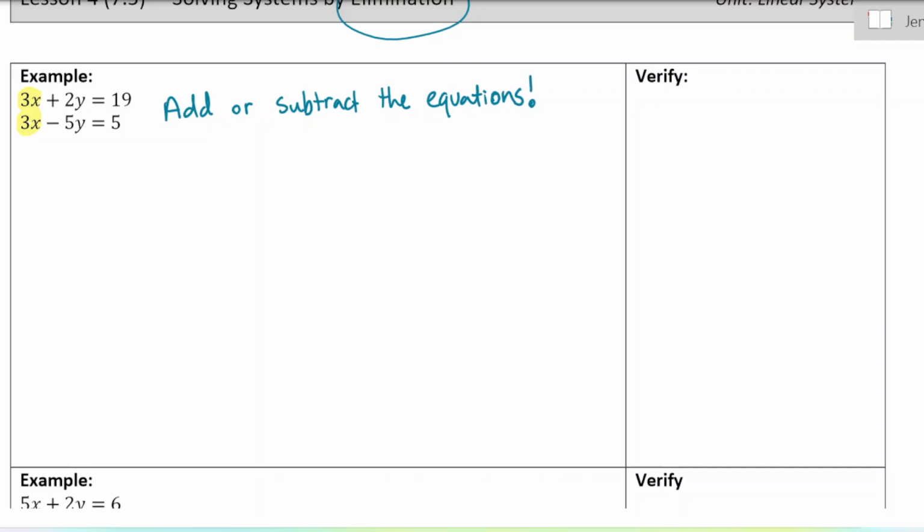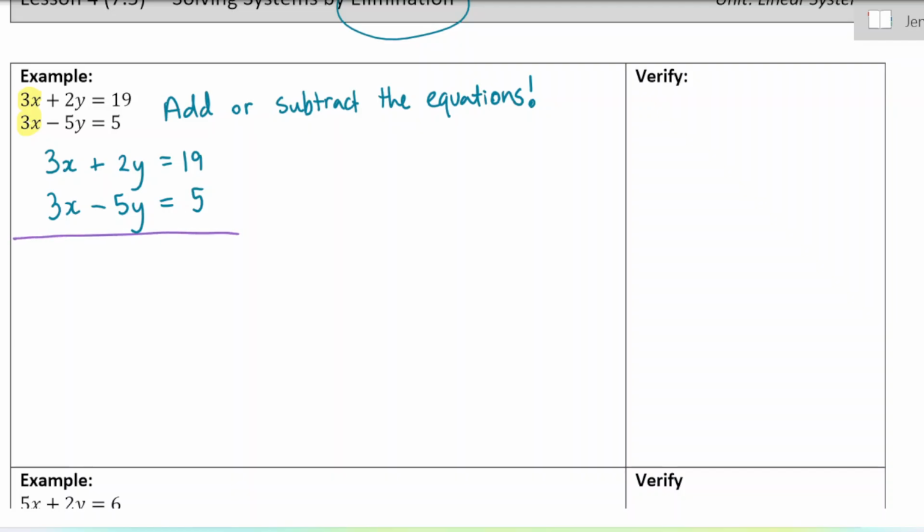Okay. Here, we're going to subtract the equations. And you'll see why in a second. So I'm just going to rewrite them here, just a little bit bigger, so we have a little bit more space to see. The reason we want to subtract the equations from each other, and you want to set them up so that the equal signs are lined up. And I'm going to put a subtraction line there, and I'm going to use a different color.